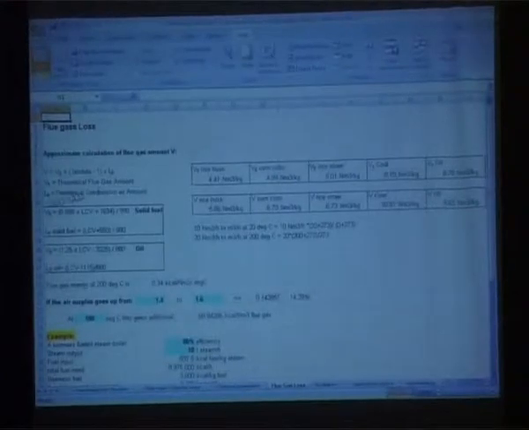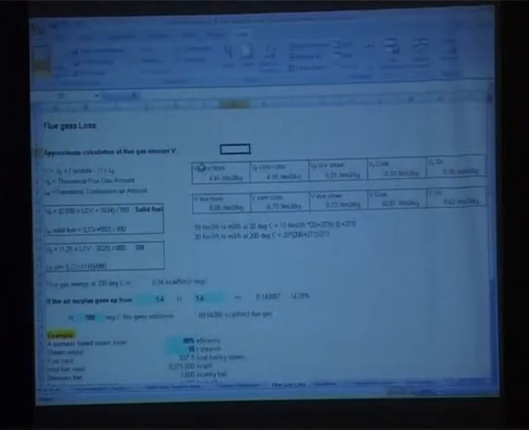Flue gas loss. Now we are starting to move into efficiency. We have seen this already. This one, the flue gas amount for rice husk, corn cobs, rice straw, coal, oil, the theoretical, the actual.